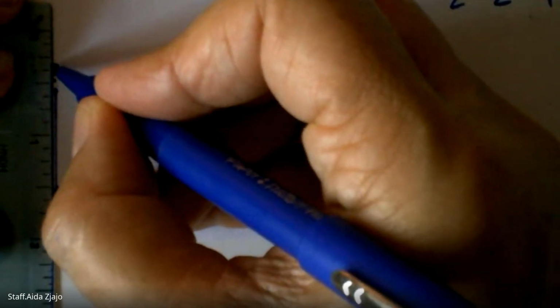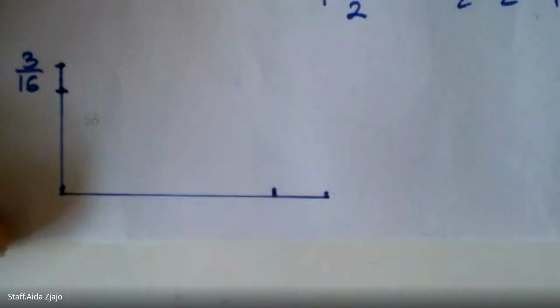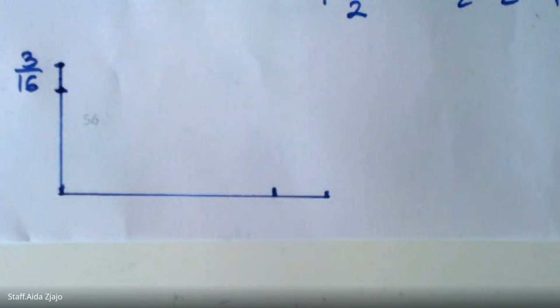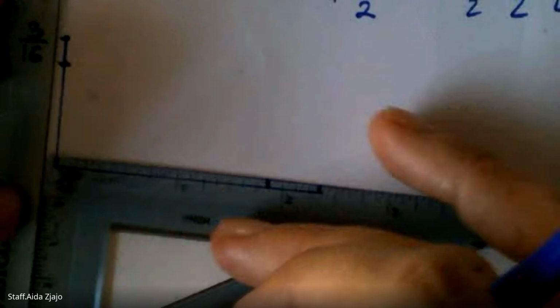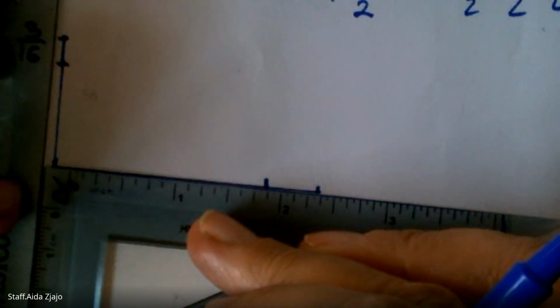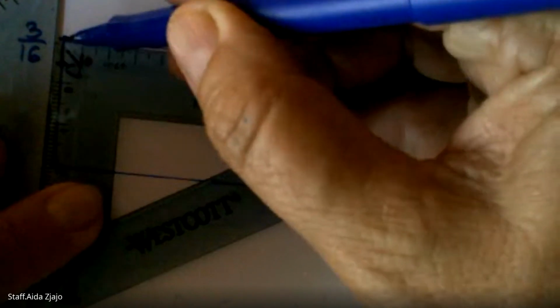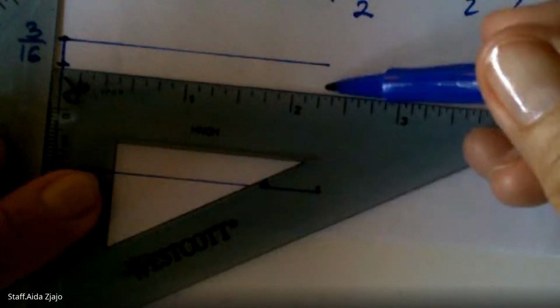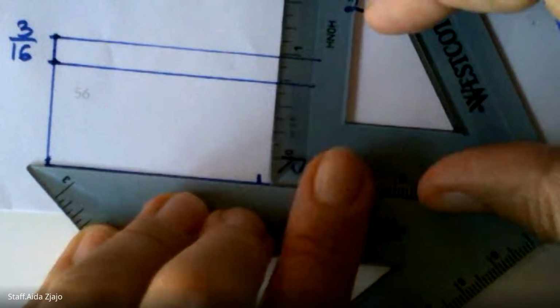Right here, from here to here is 3/16. 1/8 makes 2/16 of the inch. So when I create that, I can make the area of the holes and the area of the parts.